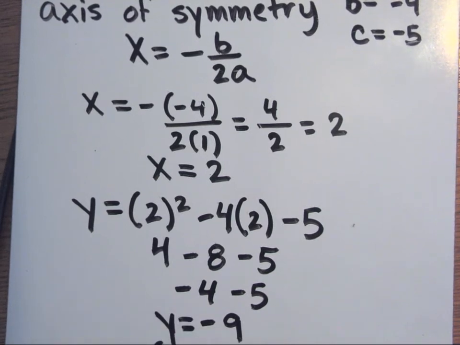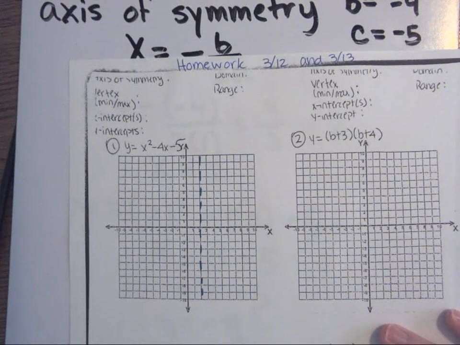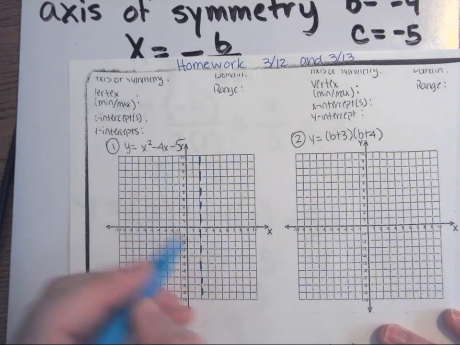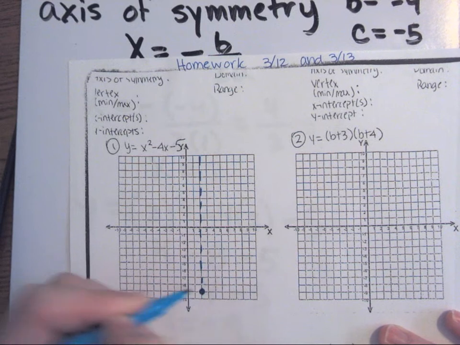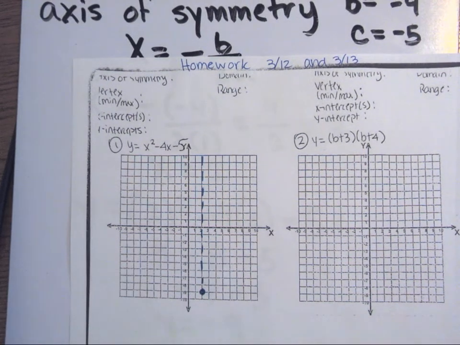So my vertex is at 2, negative 9. So I'm going to go back to my graph. I'm going to put a dot at 2, negative 9. Your vertex will always fall on your axis of symmetry.